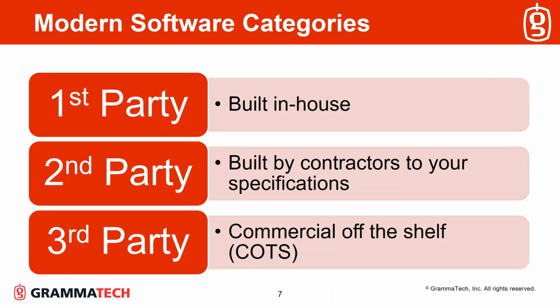And how do you develop software today? Yes, the first party, that is what you develop by yourself, and the second party is if you have some subcontractor that develops to your specification, but more and more software is using third-party code, open source code or commercial off-the-shelf code to include in their application.